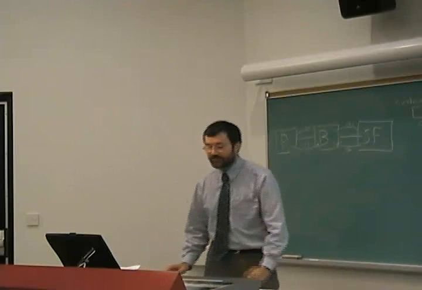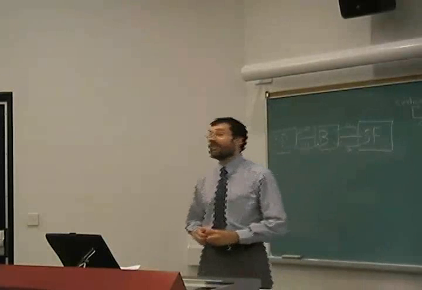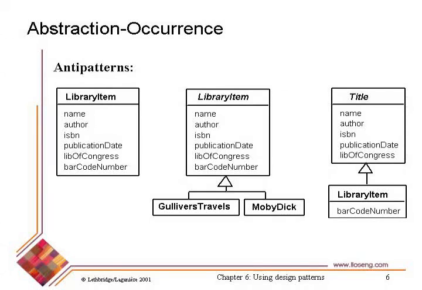And the third case, subclassing library item from title. This is more subtle. This is very wrong, but it is a very common mistake. A library item is a title. That sounds wrong in English. But what if I called this thing book? Well, that would have been a bad choice of name because book has multiple meanings.